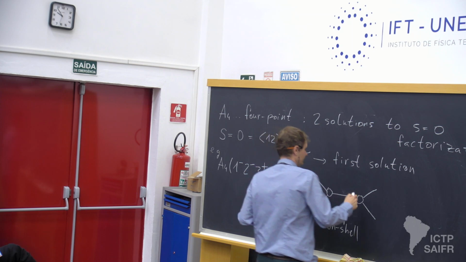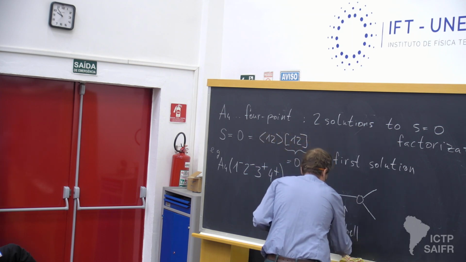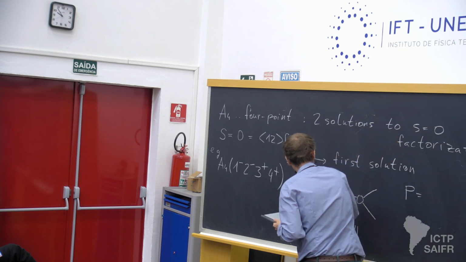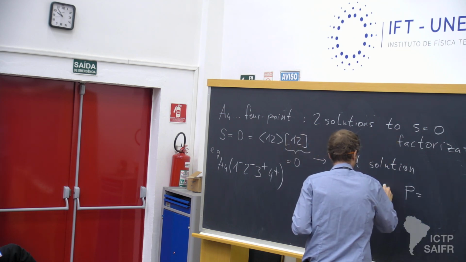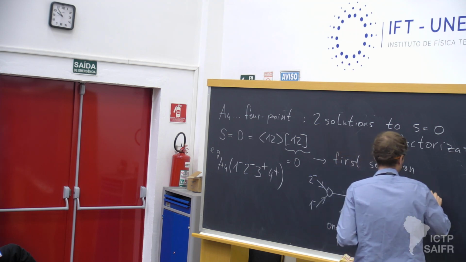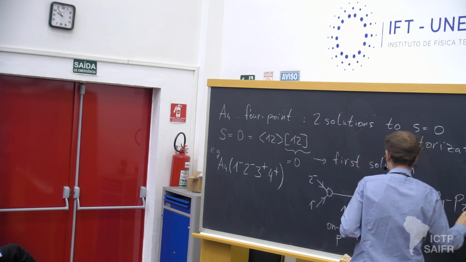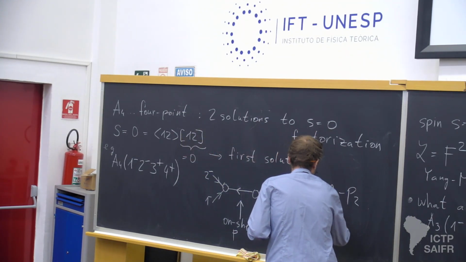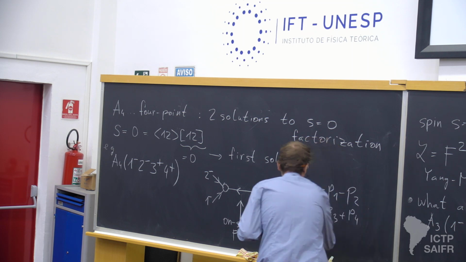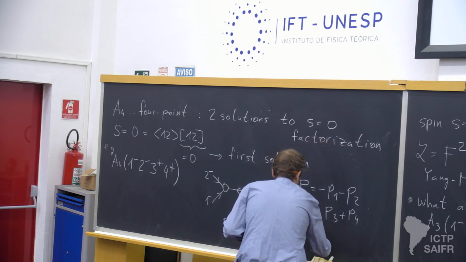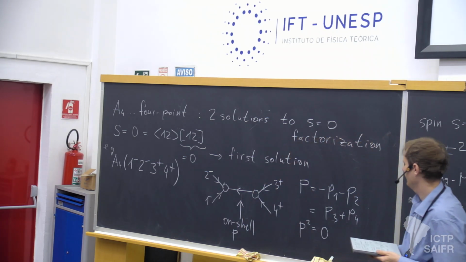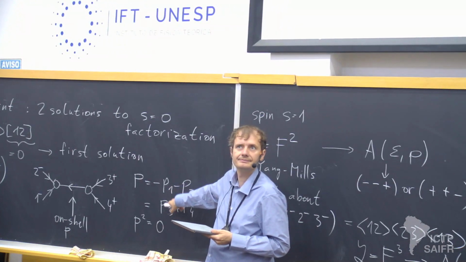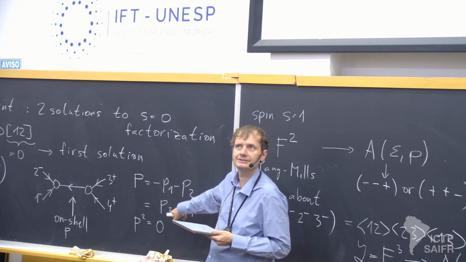So this internal particle, let me call it P. So P is, if all things are incoming, minus P1 minus P2, if we consider this direction, which is equal to P3 plus P4, but it's on shell. P square is 0, and P square is 0 is exactly S is 0. Does that make sense? Questions? Yeah.